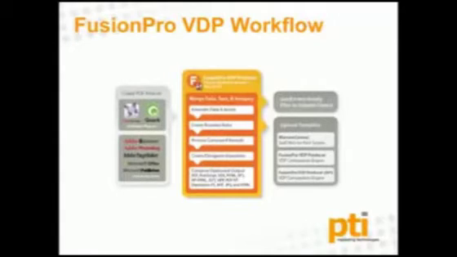So the workflow of FusionPro VDP is, you can see here on the left that we have two different types of buckets. We have InDesign and Corel, which are our design products or software. And then we have Illustrator, Photoshop, PageMaker, Office, Publisher, Word, and much, much more. Basically, we have two different buckets that allow you to take this information and convert it to a PDF.